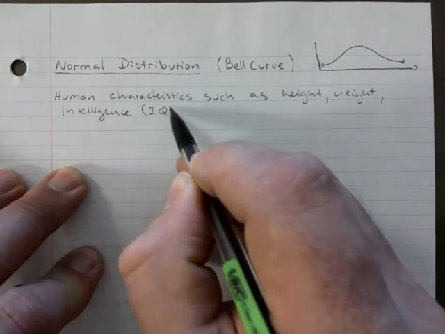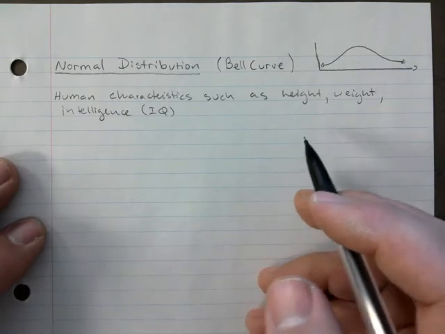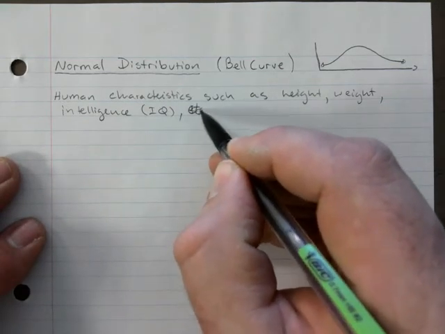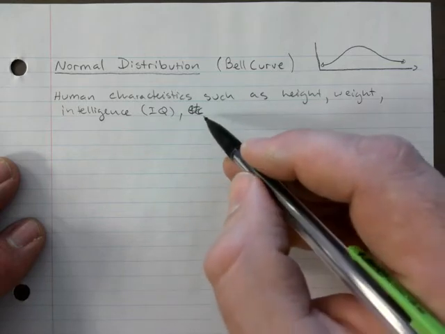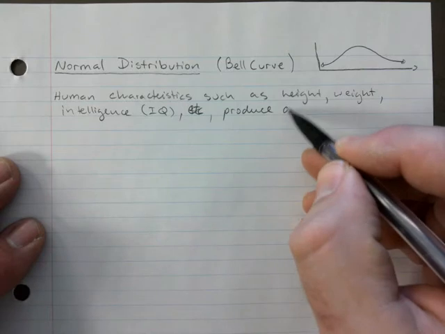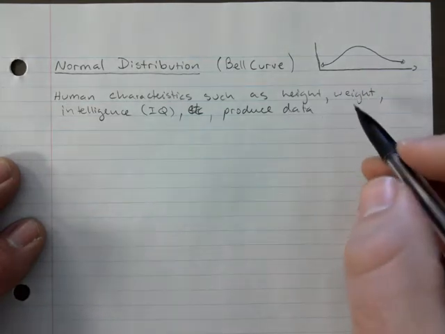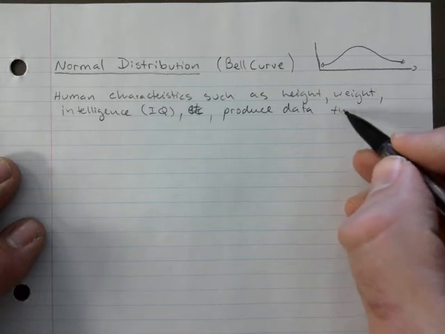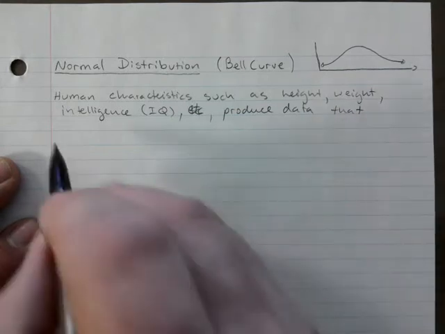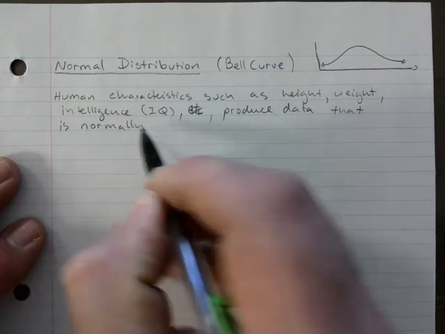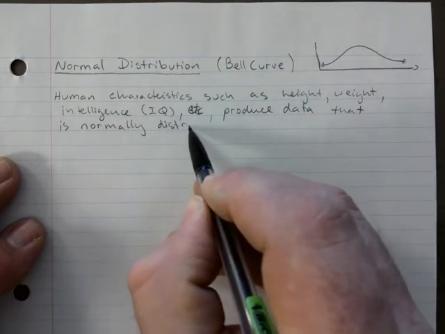The IQ scores, etc. produce data that is normally distributed.